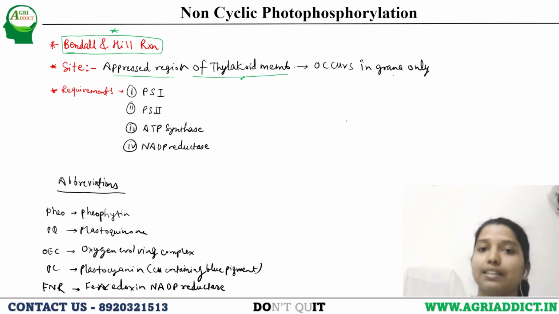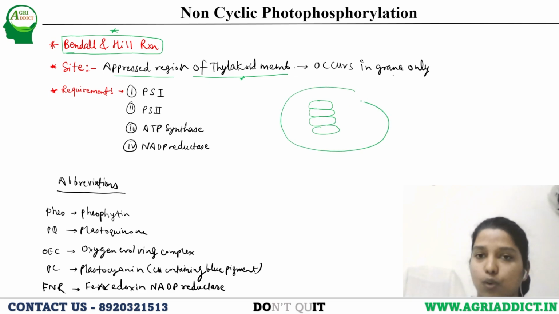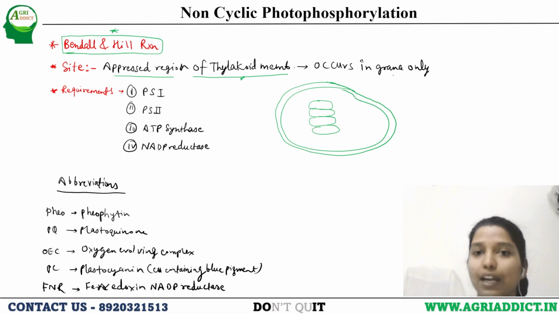What is the appressed region? Say, this is the thylakoid stack, inside this chloroplast. The chloroplast is a double membrane structure. This is the thylakoid. Now the part of the thylakoid which is in contact with another thylakoid is called the appressed part.